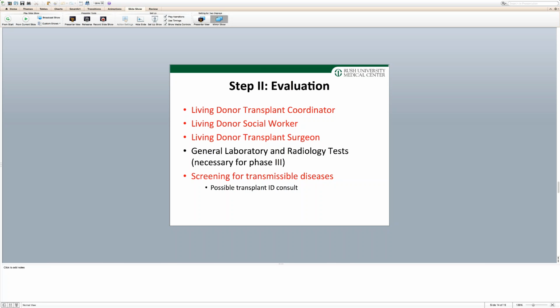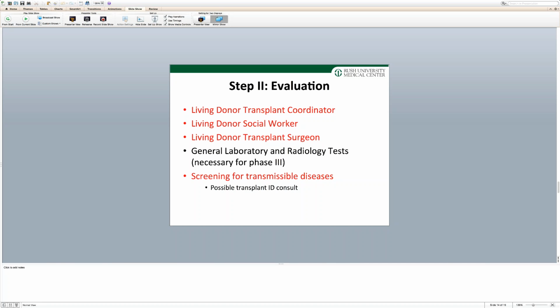During the meeting with the living donor transplant coordinator, the patient will be educated regarding liver donation and transplantation and all elements of the informed consent for the evaluation. Also, the patient is provided with the informed consent for the evaluation, and the living donor transplant coordinator answers any questions related to these processes.